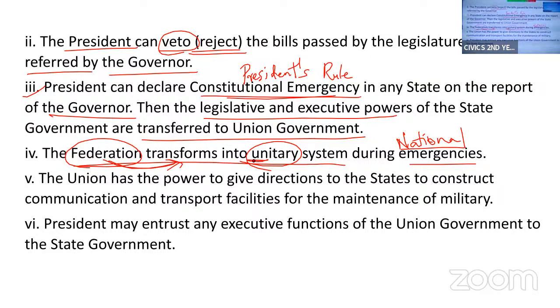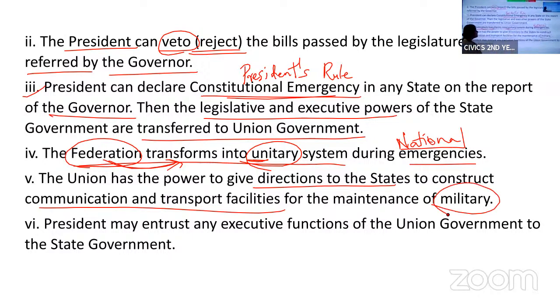The next is the union has the power to give directions to the state to construct communication and transport facilities for the maintenance of the military. See, defense is the responsibility of the central government. To protect the states, in every state you will have military.